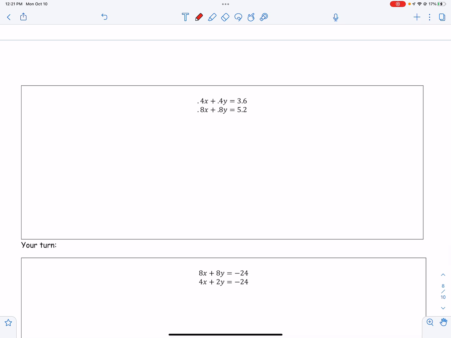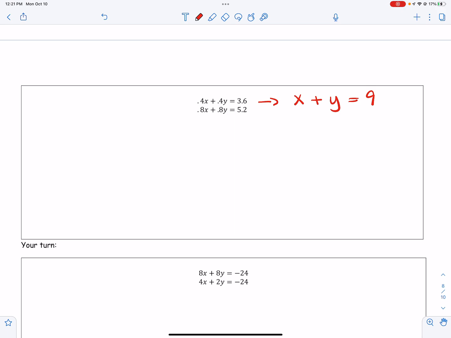So this one, I would probably simplify these. And so I think I'm going to divide that first equation by 0.4. So I'm going to get x plus y is equal to 9. And then just to get my opposite variable, I'm going to divide everything by negative 0.8, okay?